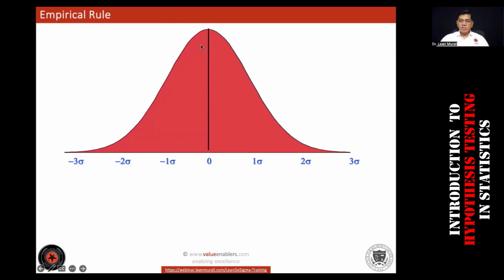In an ideal normal distribution, you have the center as 0 and the spread in sigma, plus or minus 1 sigma, 2 sigma, 3 sigma.